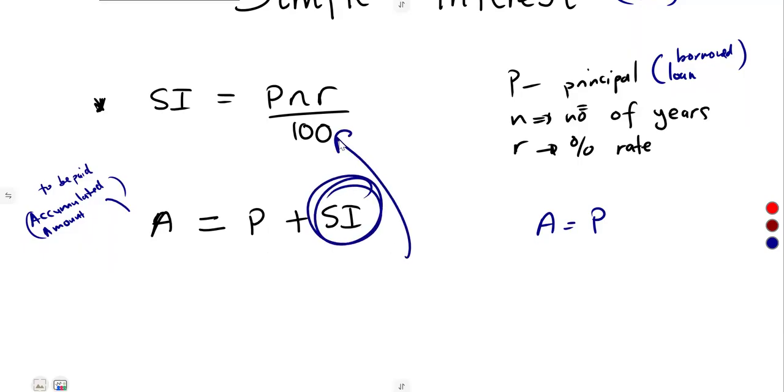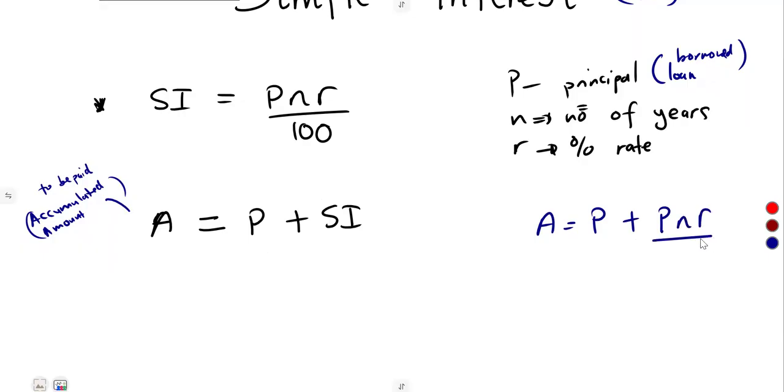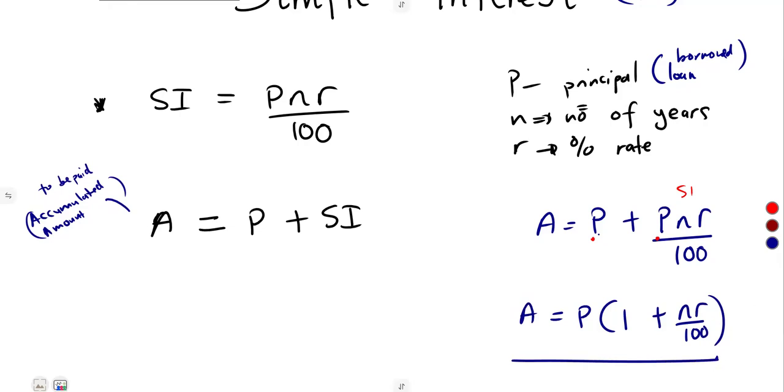So if you check, P is common, we can factor out that P. P into, P over P is 1, plus this one cancels, so you remain with N R over 100. This is the simplified formula from what we are having here.